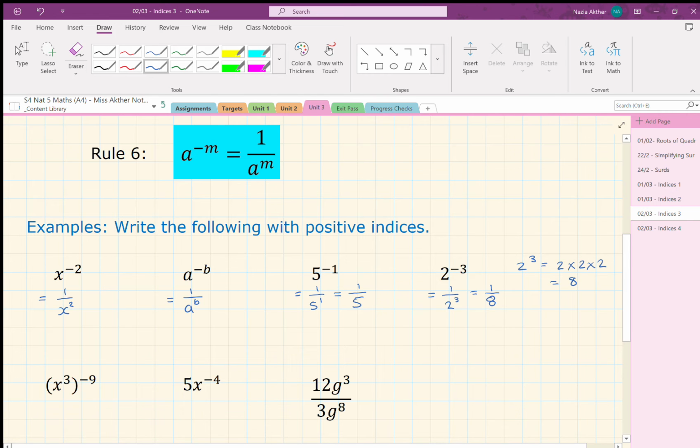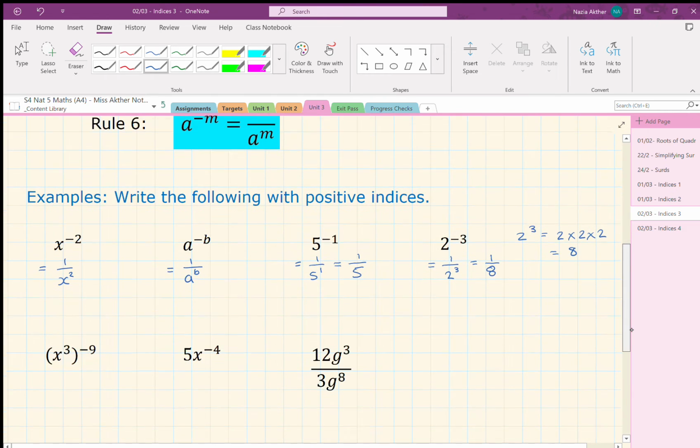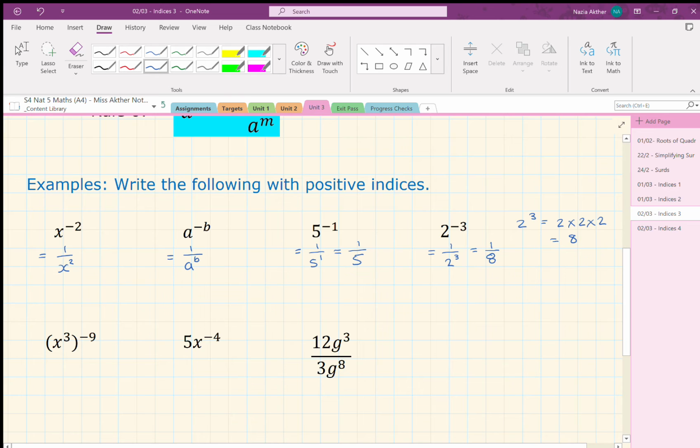Okay. In the fifth example, we have x to the power of 3 times x to the power of 3, and that's being raised to the power of negative 9. So remember rule number 3 in your course notes. When we're raising a power to a power, we multiply the indices. So this is rule number 3, and we're multiplying the indices.